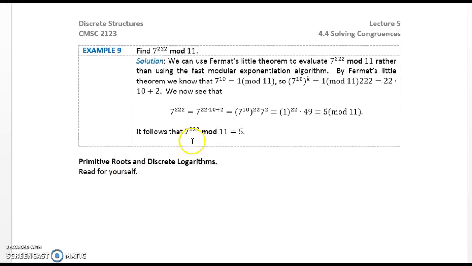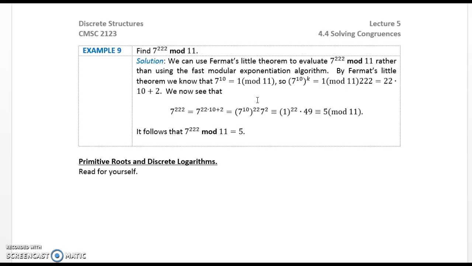And 222 is equal to 22 times 10 plus 2. We now see that 7 to the 222 power is equal to 7 to the 22 times 10 plus 2 power, which is equal to the quantity 7 to the 10 power taken to the 22 power times 7 squared.